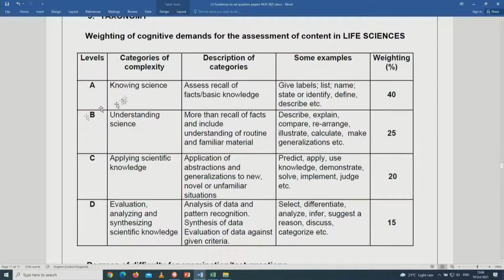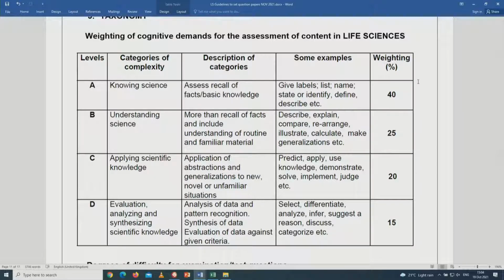It doesn't really matter, but we use this grid. We use this rubric for determining our cognitive levels. On level A, and there on the right-hand side, is the mark or the percentage allocation in your paper.